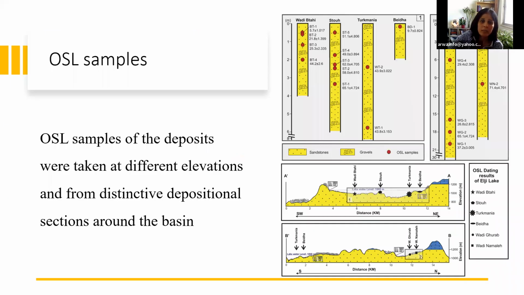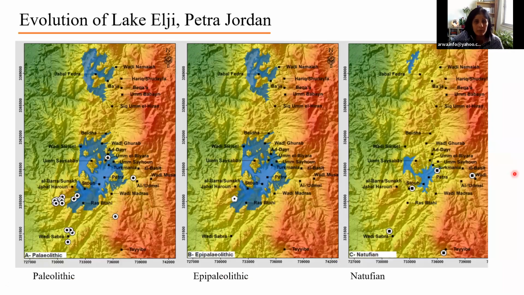We collected the OSL samples from deposits from different elevations and from depositional sections around the basin and near different archaeological sites. Based on the overall OSL results, the edges of the thick uniform layers were found to be consistent with the rapid depositions of the sediment.